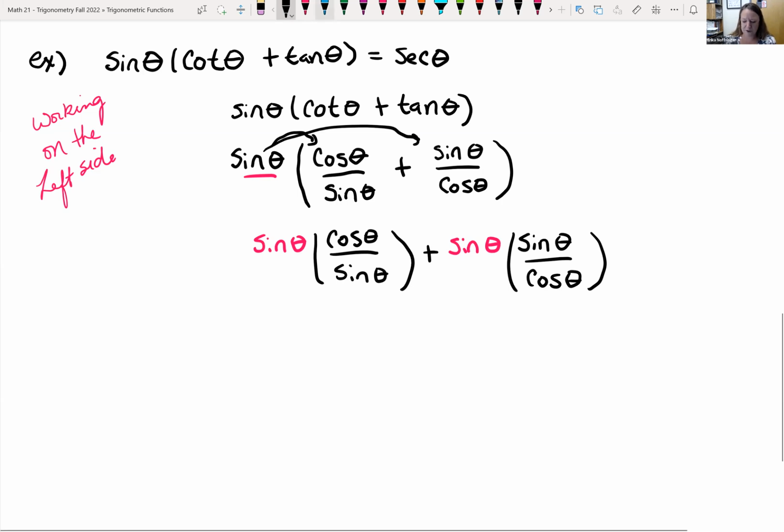I notice with that first grouping, I have sine theta in the numerator and sine theta in the denominator. Those cancel and we're left with just cosine theta. Plus, here I notice that nothing cancels, and sine theta times sine theta is sine squared theta, all over cosine theta.